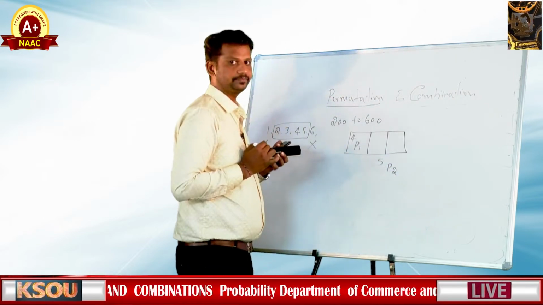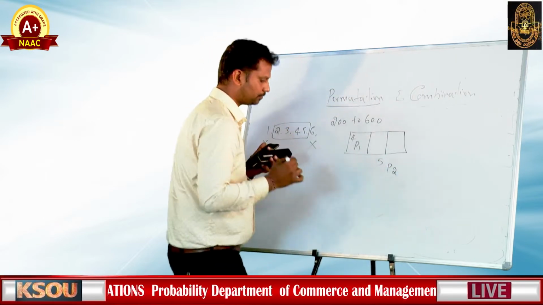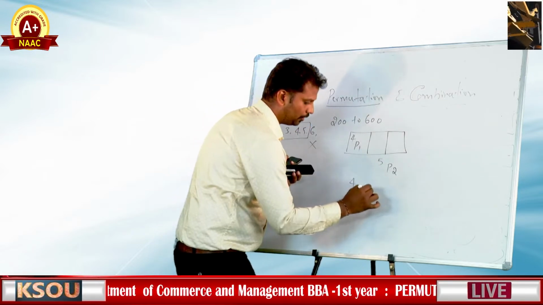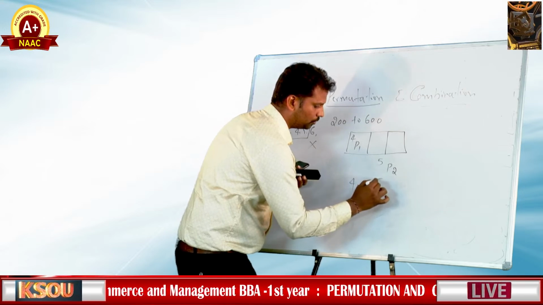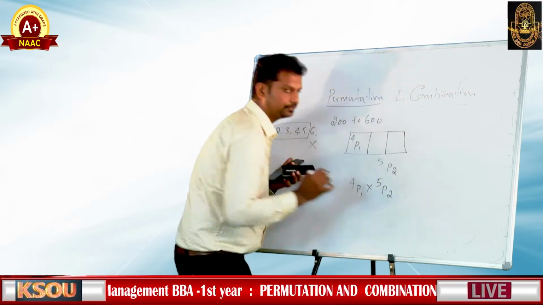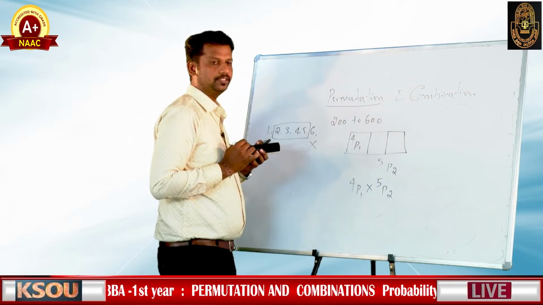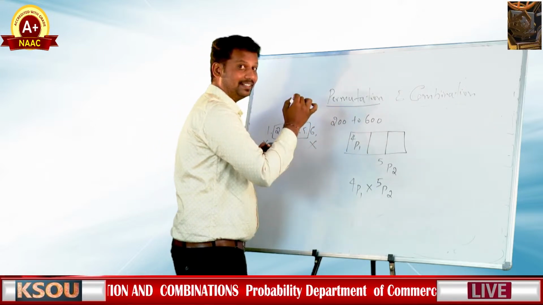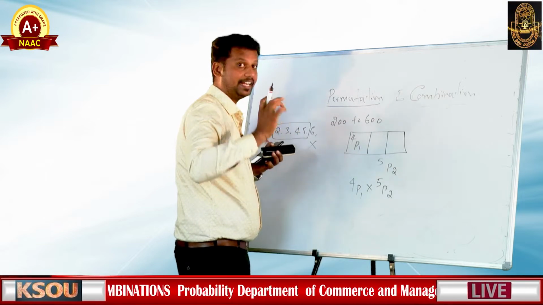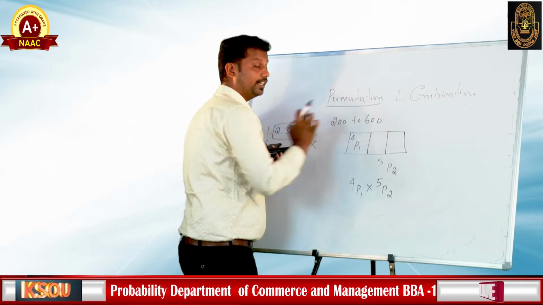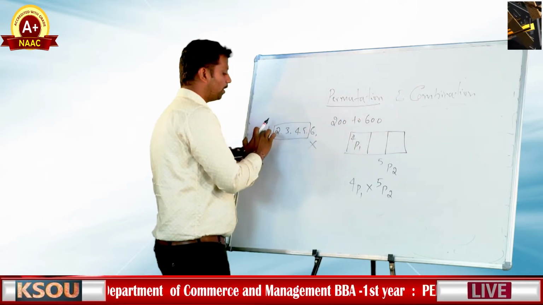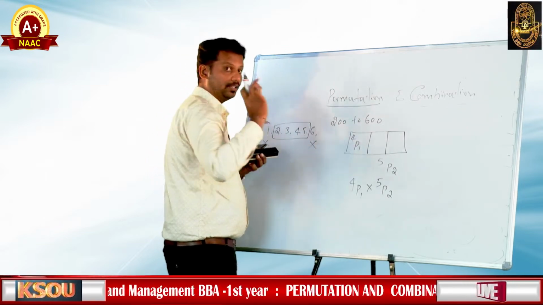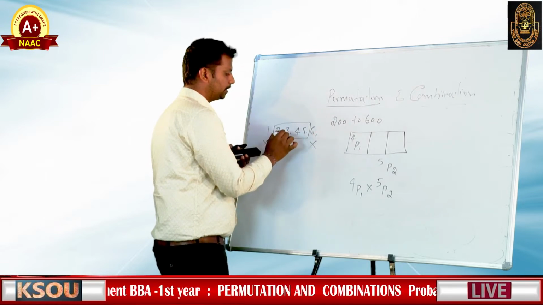Just use 4P1 into 5P2 and you get the answer. The first digit is taken only from 2, 3, 4, 5.